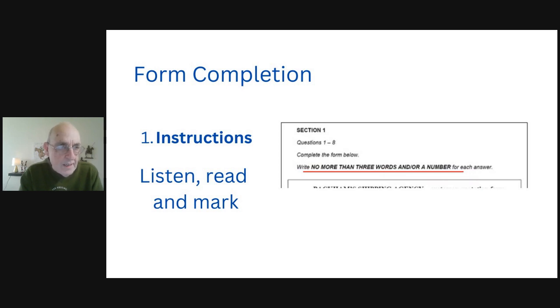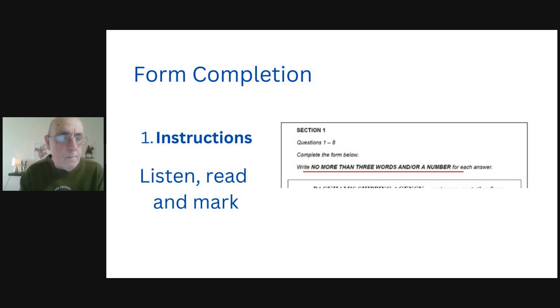And then in the listening section, you also have instructions that you listen to. These instructions are so important because they give you the context and the situation for the recording so that you know exactly what you're listening to.